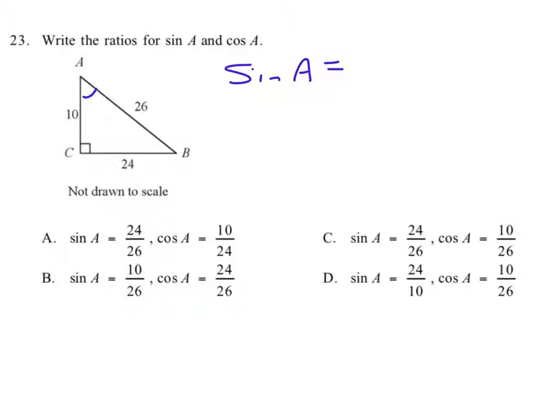Opposite is 24 over hypotenuse is 26. Cosine of A, adjacent over hypotenuse, the adjacent side for A is 10, and the hypotenuse remains 26. So we've got sine of A is 24 over 26, cosine of A is 10 over 26, and that is C.